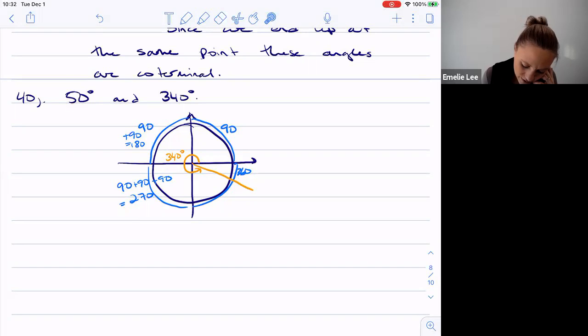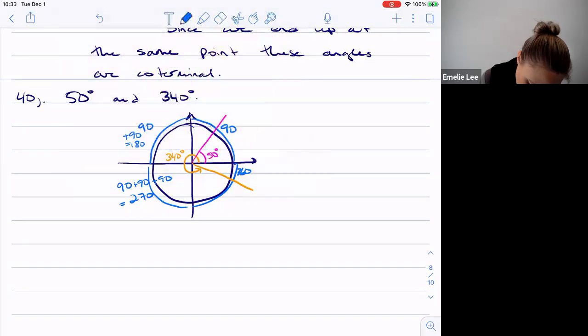How about 50 degrees? Well, I know if this whole distance is 90 and halfway there is 45, then I'm just a little past the halfway mark. So probably something like this, right?